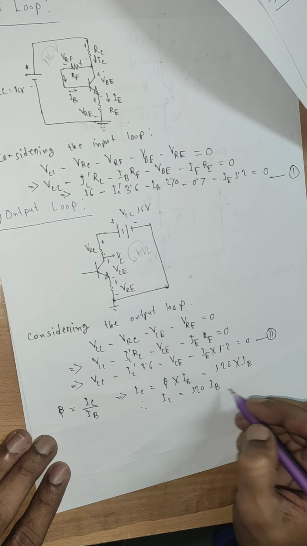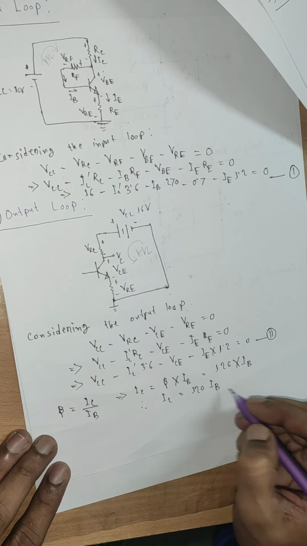And we also know that IE, the emitter current, is equal to IC plus IB. And here we can see IC prime is equal to IC plus IB. Since IE is connected with the ground, we can see that IE is equivalent to IC prime.